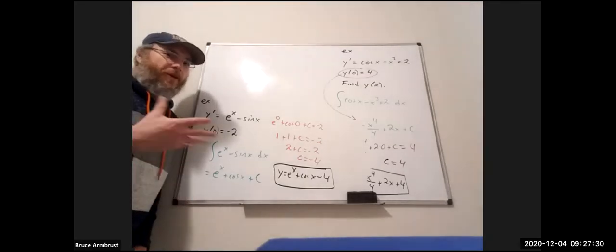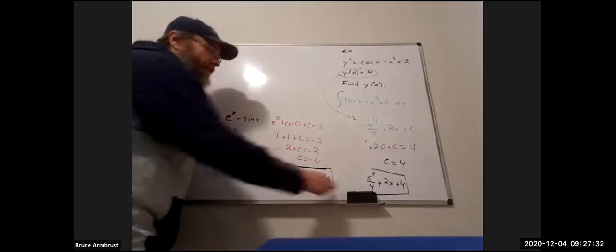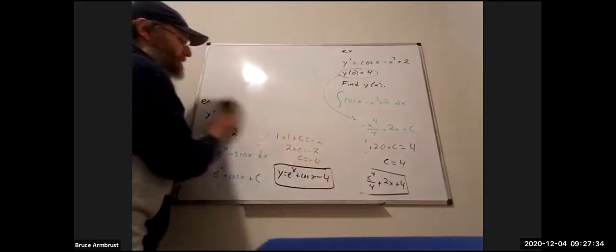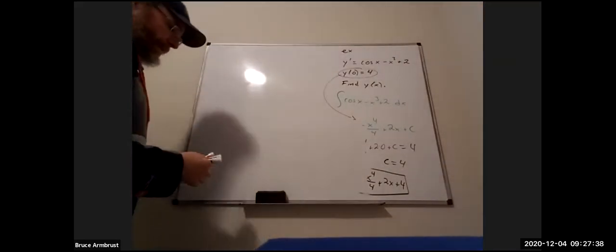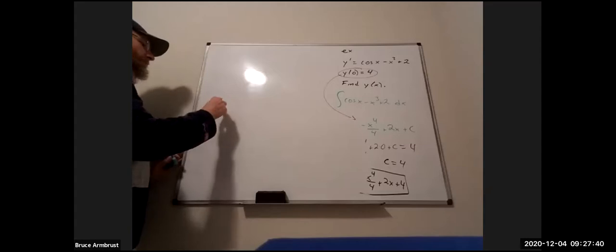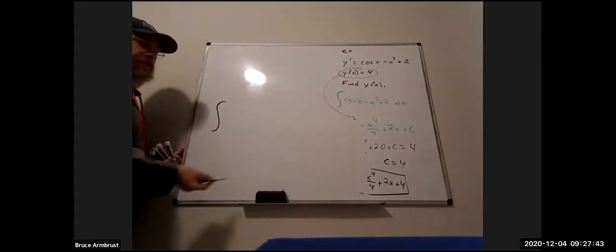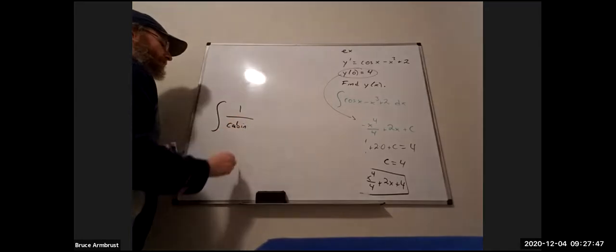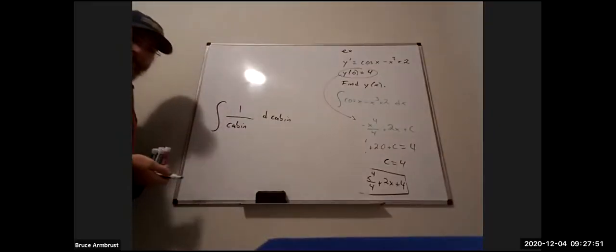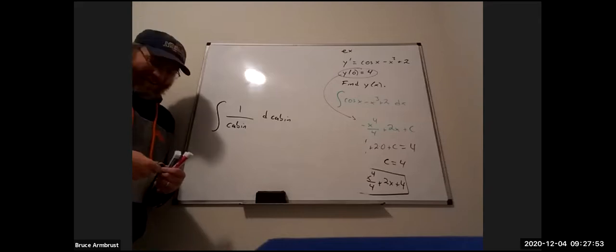Okay, well, I'll help you figure out the punchline here. Think about what I just said. I want to integrate 1 over cabin d cabin. So here's our integral. That's 1 over cabin. Oh no. D cabin. All right, I think somebody sees what's going on here. Was that you, Tim? Yeah. Do you see what the answer is? Is it log cabin?